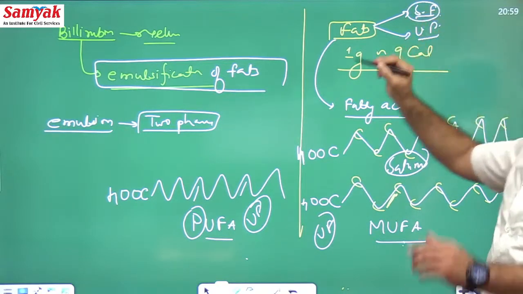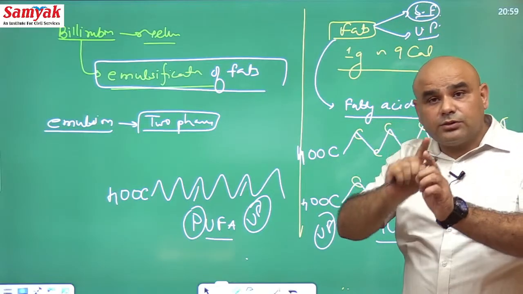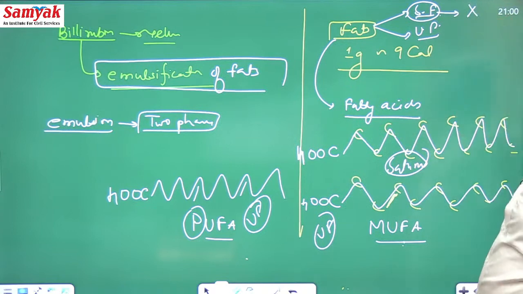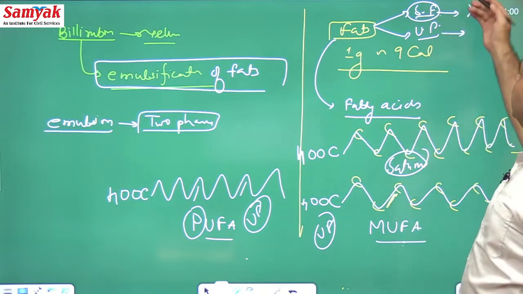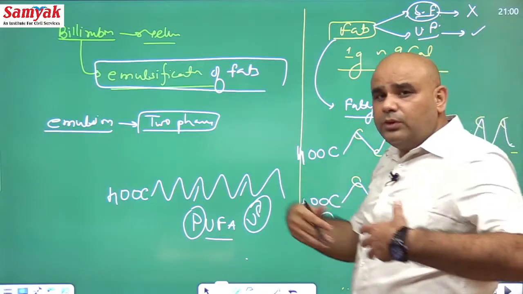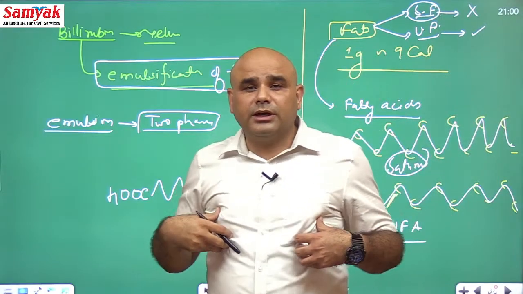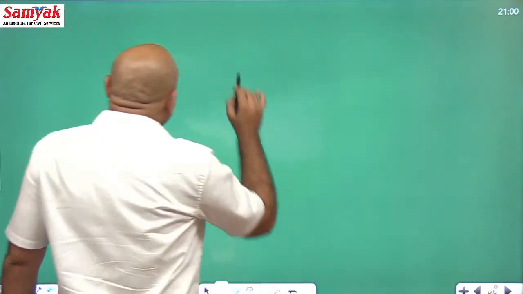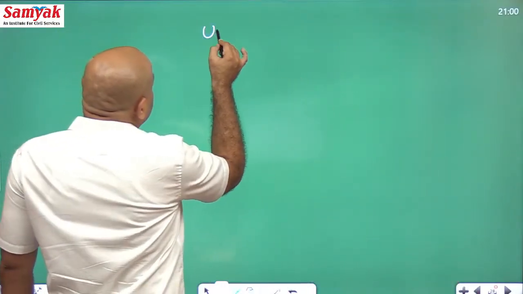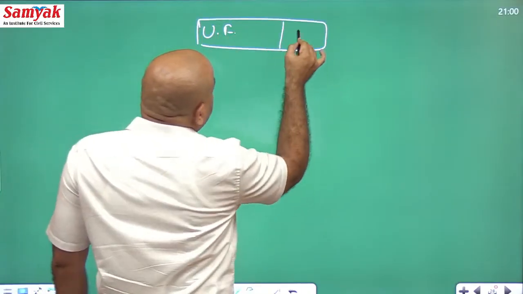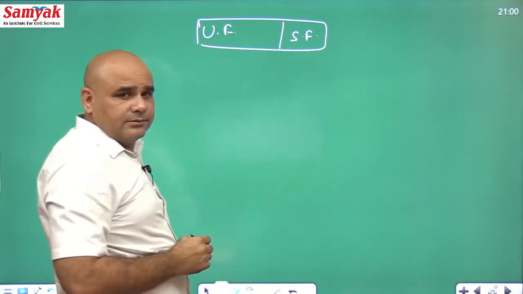Now you have to remember saturated fats. Saturated fats are dangerous for heart. So they are not good. Unsaturated fats are comparatively good for heart. So which food should I prefer? If anyone is going to ask me, I will say that I should eat something which contains unsaturated fat in larger proportion than saturated fats.